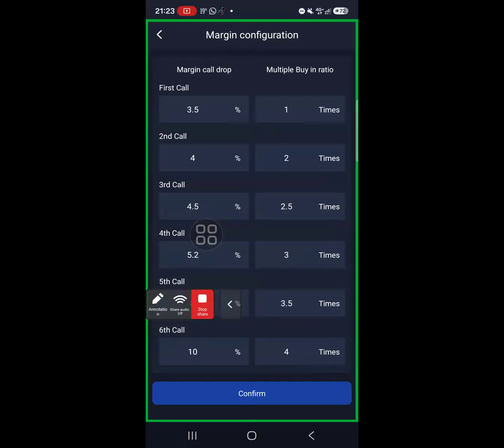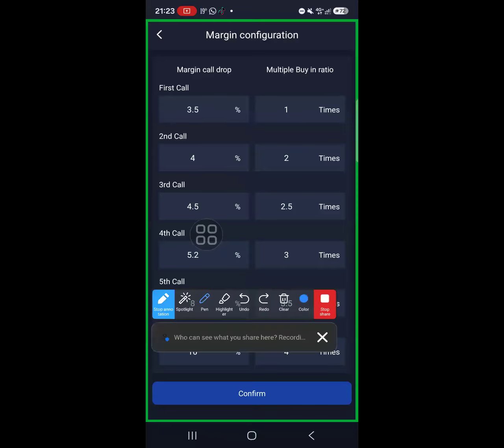So it is 1 plus 2 plus 2.5. Okay? And then plus 3. And then plus 3.5. And then plus 4. So when you add these figures, it is going to give you something like 16, if I'm not mistaken. It will give you 16.